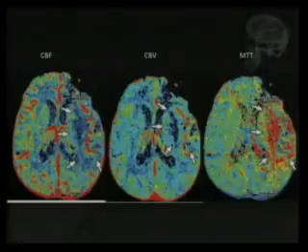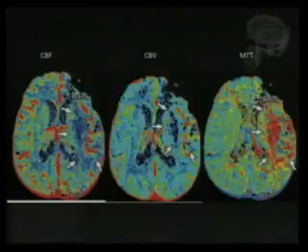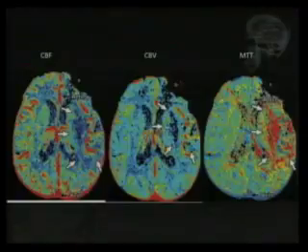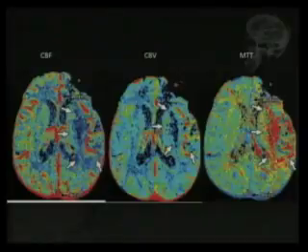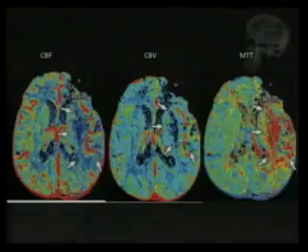Now this patient has decreased blood flow, increased transit time, but compared to the other side, this is in red, so this area matches, the blood volume is decreased, so it matches the other two. And this is more than a third of the MCA, so the core infarct is large, all this territory is already dead, so this patient is not a candidate for thrombectomy.